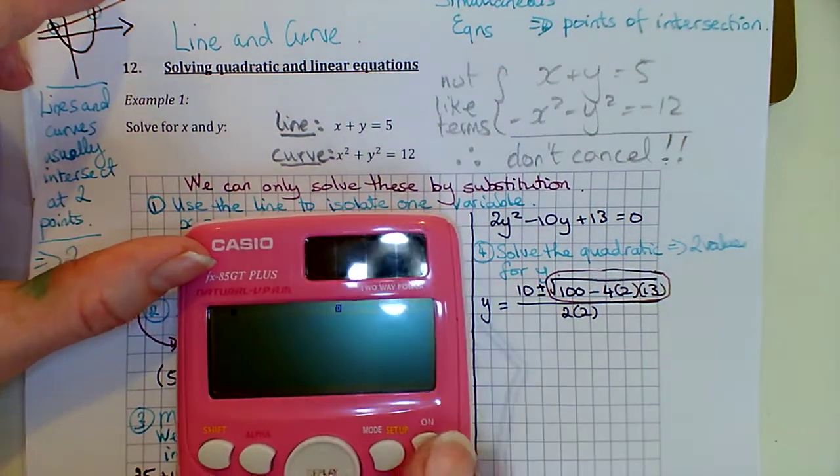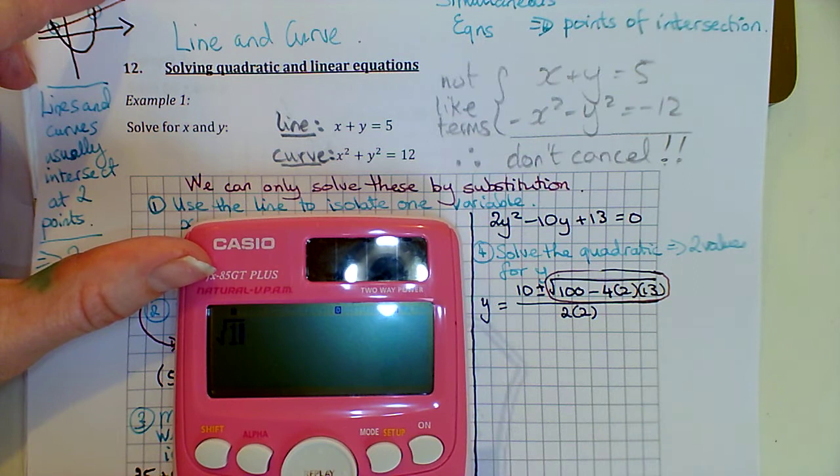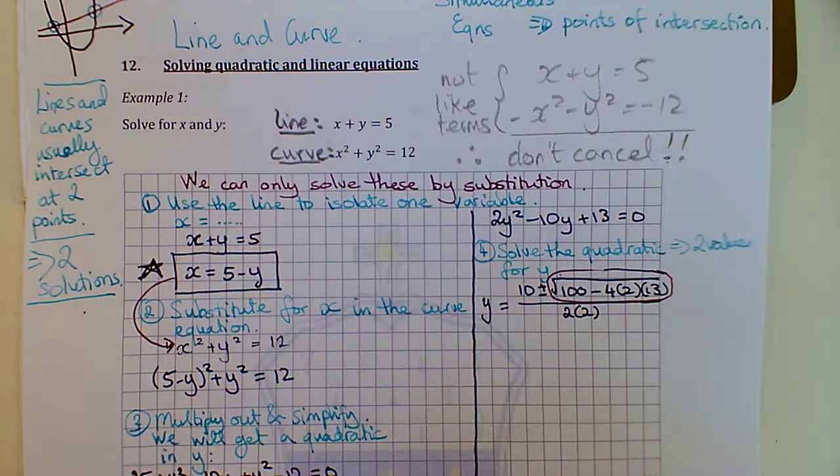I'm just double checking that. The square root of 10 squared minus, oh, we have no real solutions. I think there must have been an error in this question.